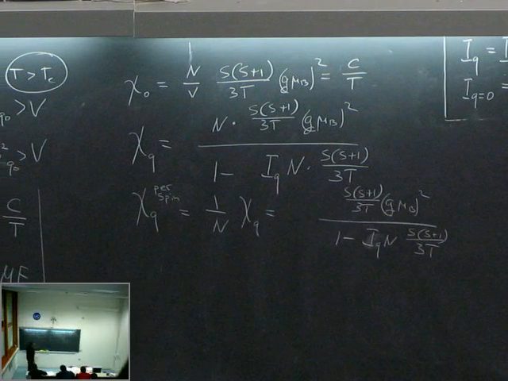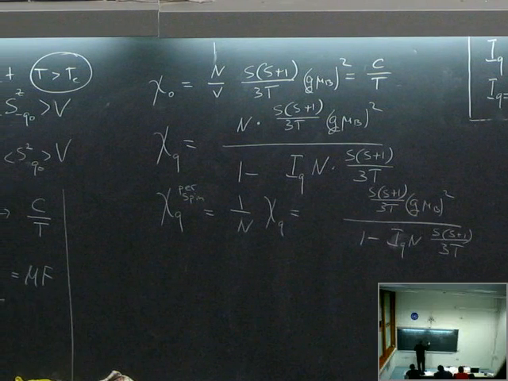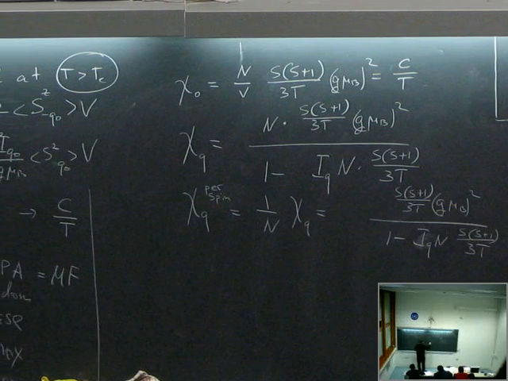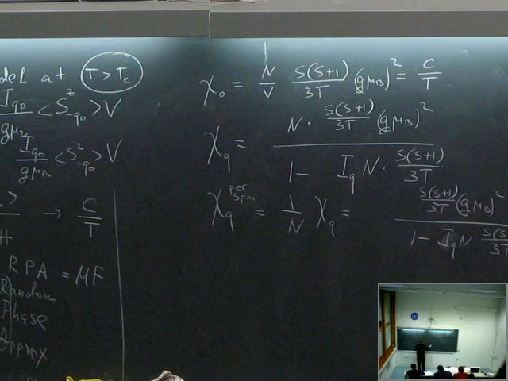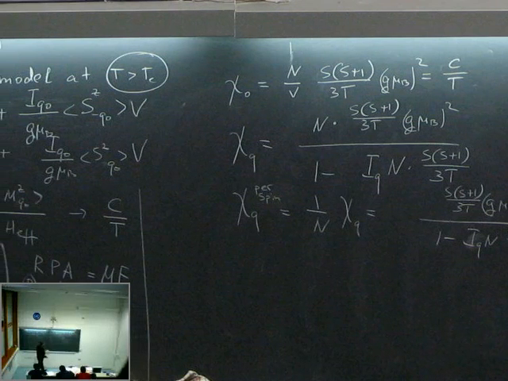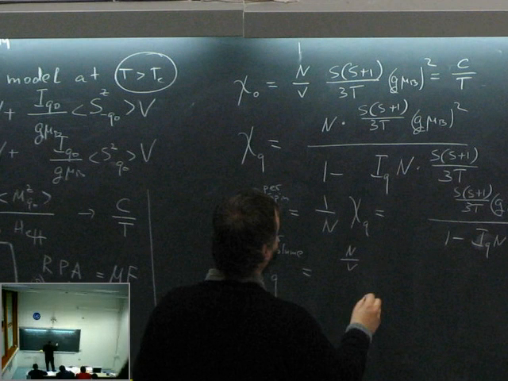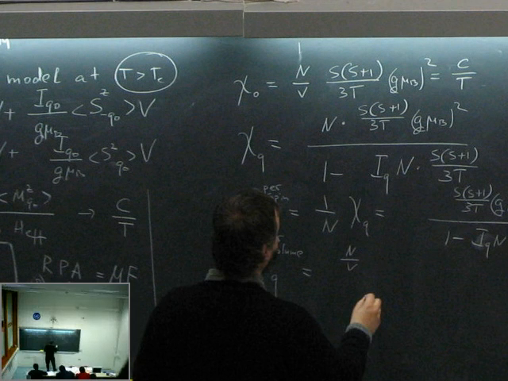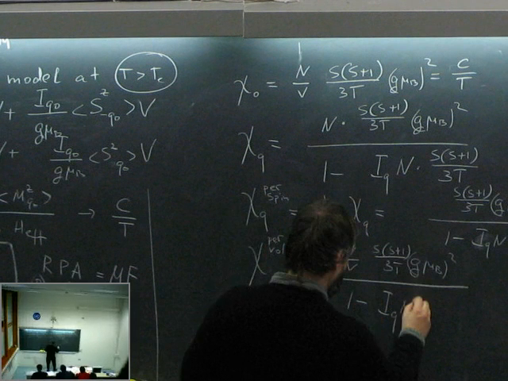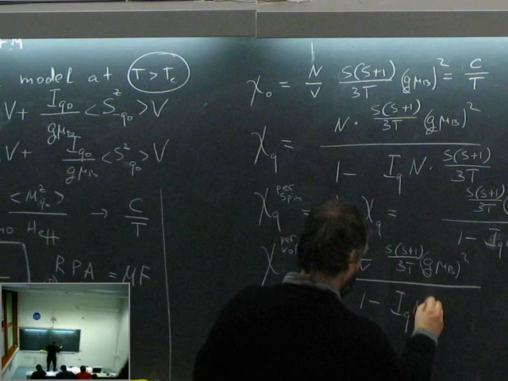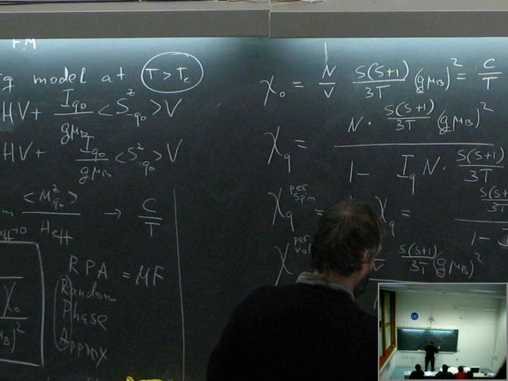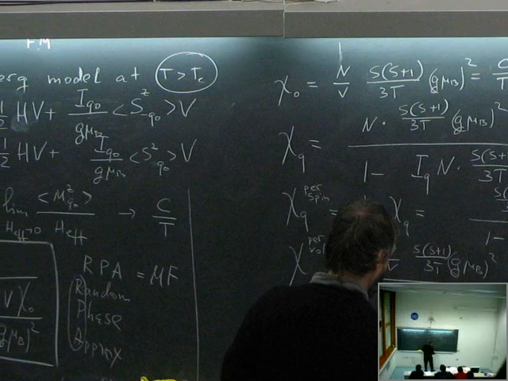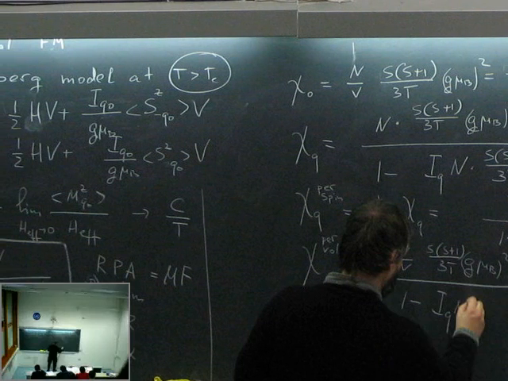But sometimes the susceptibility per unit volume is discussed. So if I divide it by the volume, it's n over V, S(S+1) over 3T (g mu Bohr) squared, and denominator is the same. So it's 1 minus I q times S(S+1) over 3T.